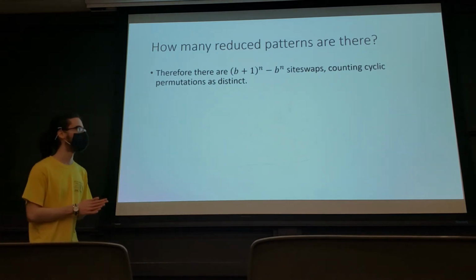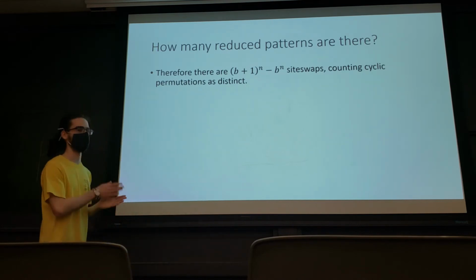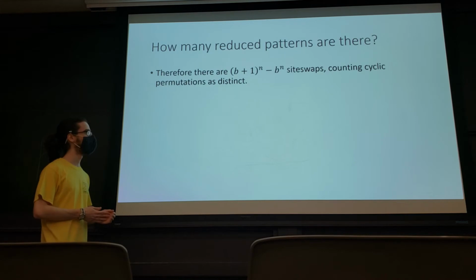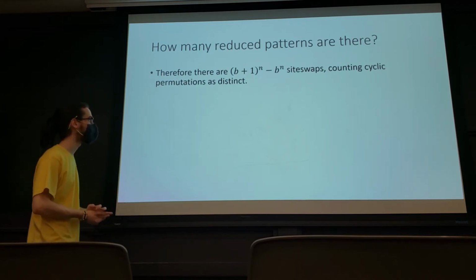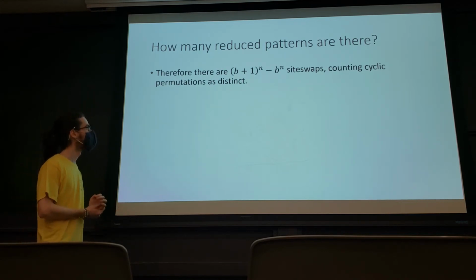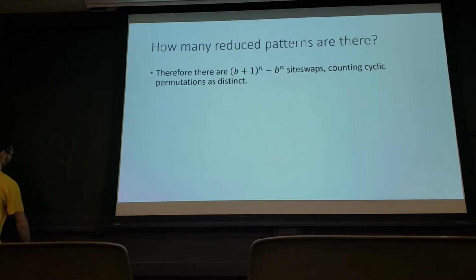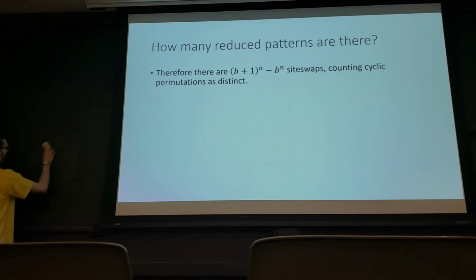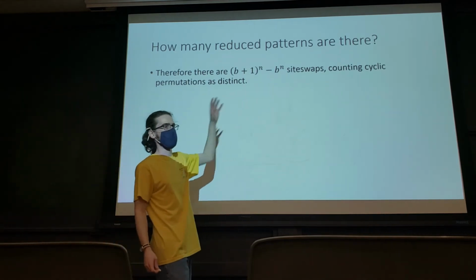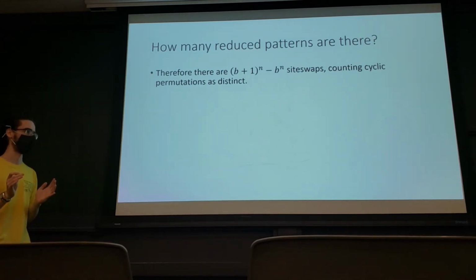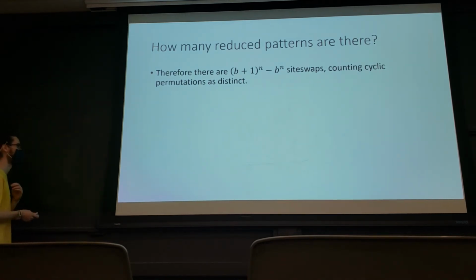It's also not counting reduced patterns, so I can repeat the same thing multiple times, and I won't be able to tell if that's not reduced. So this is basically the number of strings of numbers which correspond to valid siteswaps, but not the number of reduced patterns.